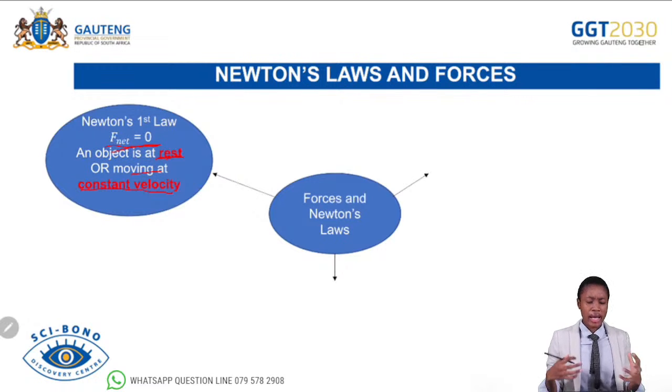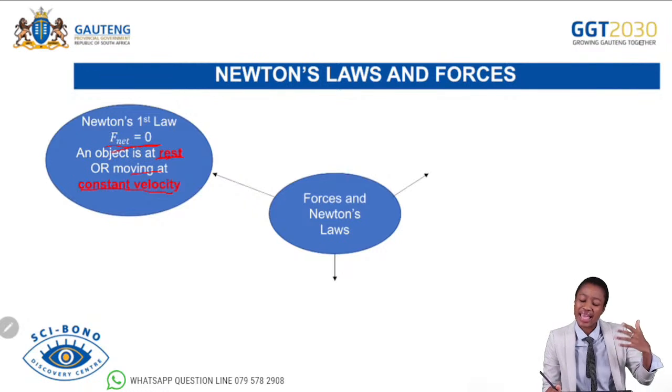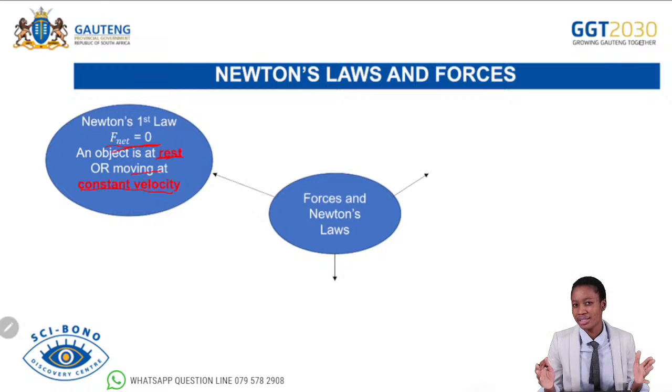So when an object is not moving or maintains its position, what does that tell you about the forces? The net force is zero. There are forces acting on the object. It's just that their sum amounts to zero.